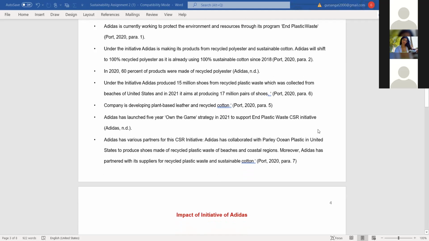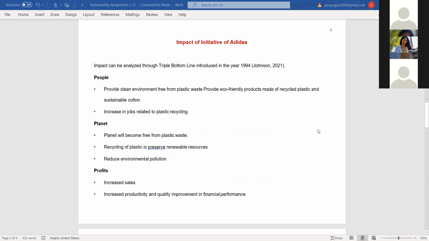To be continued with the next slide, impact of initiatives of Adidas. Normally, impact can be analyzed through the triple bottom line introduced in 1994. For the people, provide a clean environment, plastic-free, eco-friendly product made of recycled plastic and sustainable cotton.